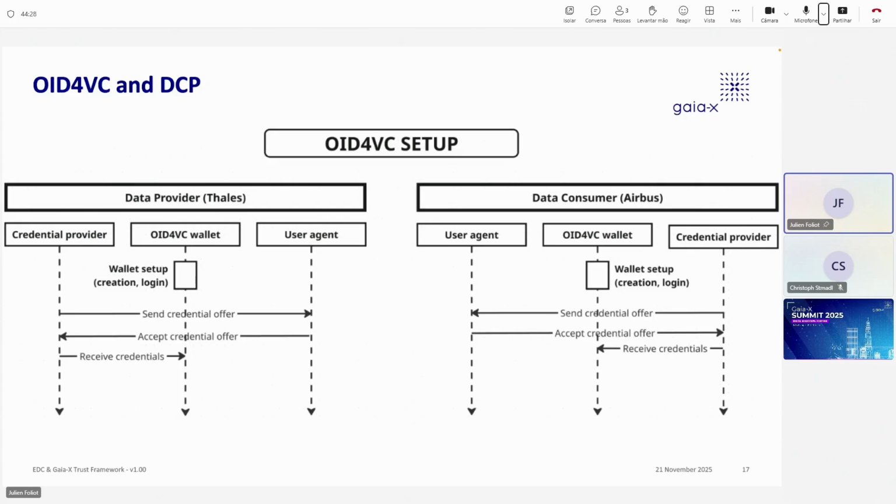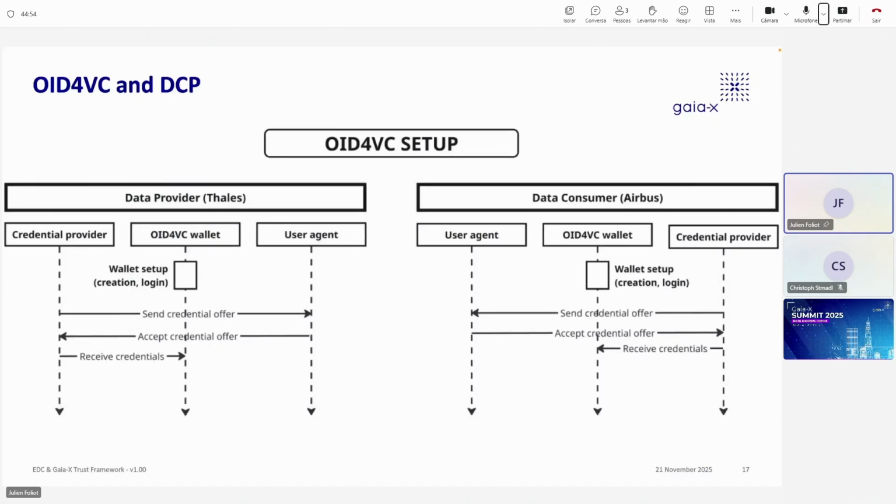For all the diagrams that you will see, it's just the big picture. With the tools that we will release after, you can adapt and choose what you want, and choose when you want to execute it. It's really up to you. So here we have two connectors, and this part of the diagram is just about the wallet setup and the credential setup.